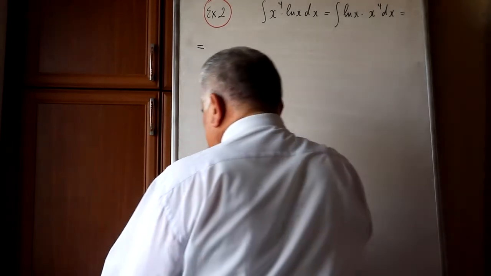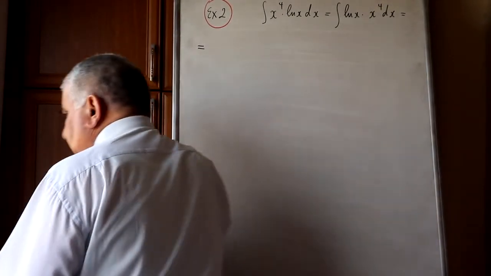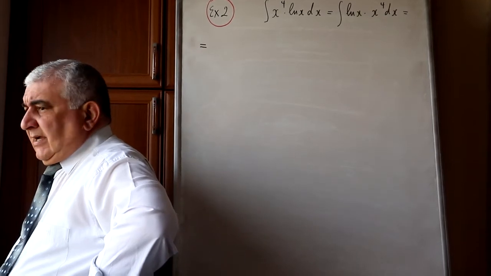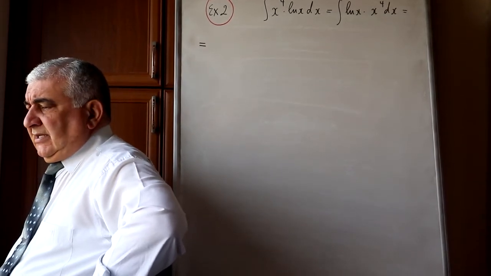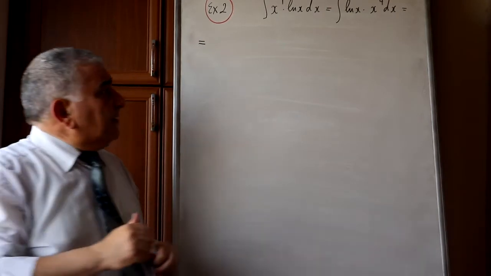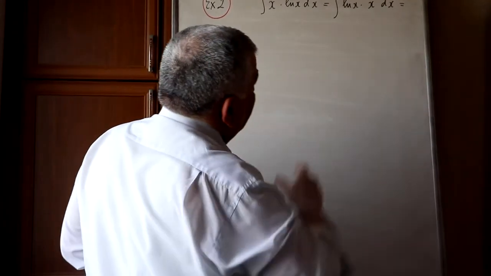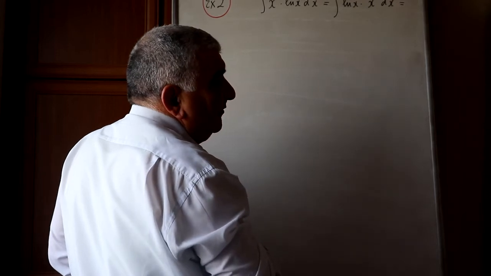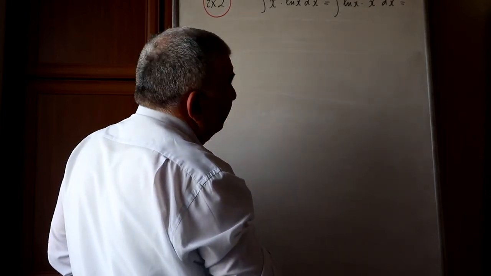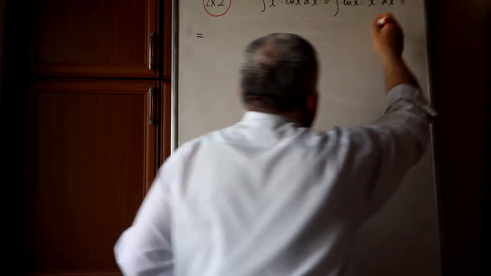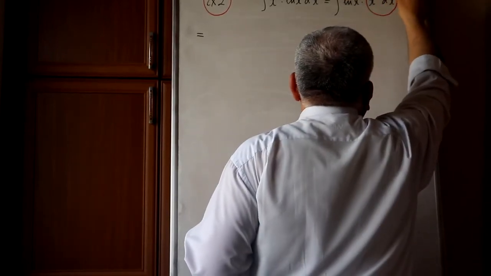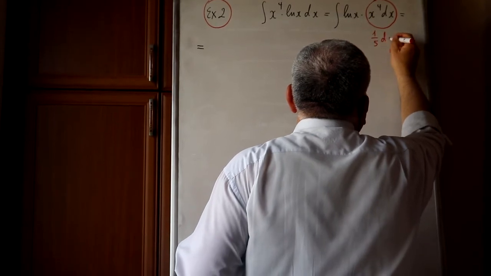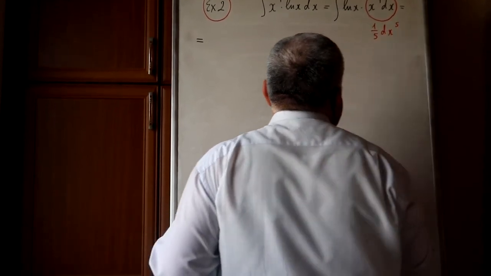Here I must give you the anti-differential table. x to 4 dx is 1/5 d of x to 5.